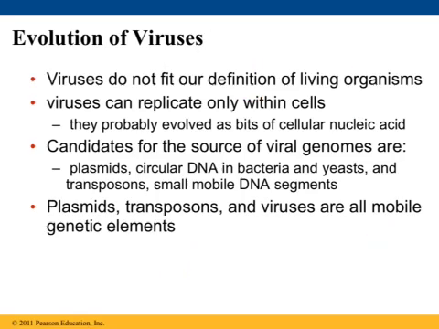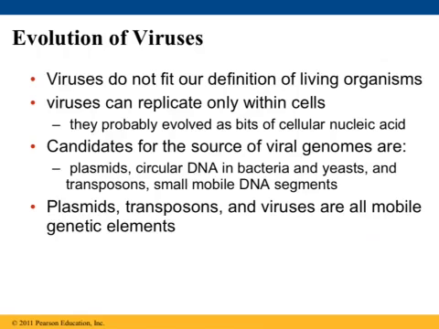So I've said before that viruses do not fit our definition of living organisms, mostly because they can only replicate within cells, which leads us to think that they probably evolved as bits of just cellular nucleic acid. They are candidates for the source of viral genomes, things like plasmids. So where is this actual nucleic material coming from?